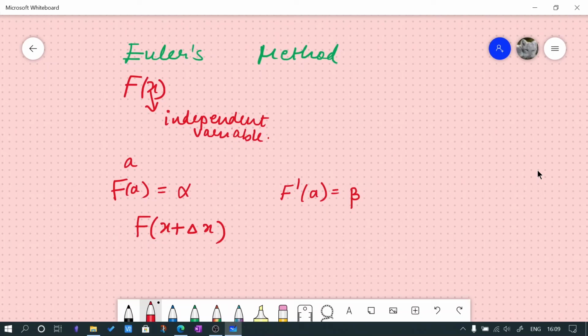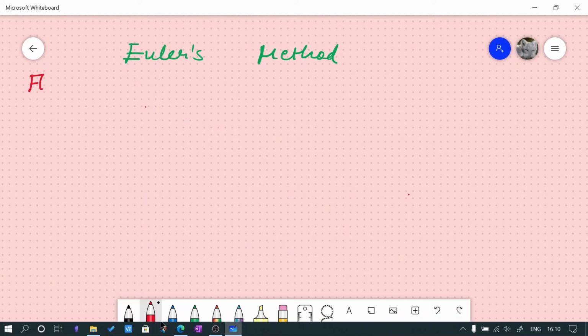How is this possible? Assuming x is the point a, the value of f of a, which is some arbitrary point, is equal to alpha, and we know the value of f dash of a, where a is the arbitrary point, and f dash is the first derivative of the function which is dependent on x.